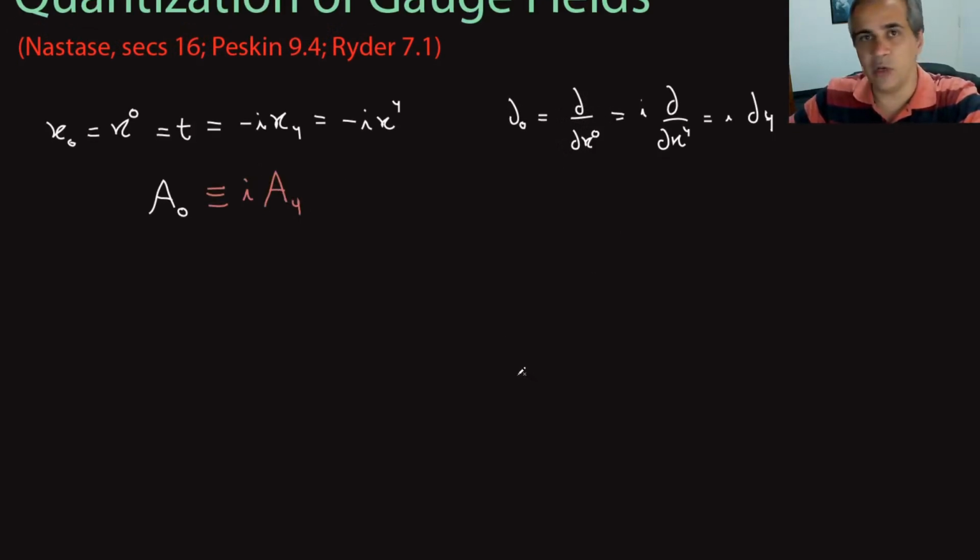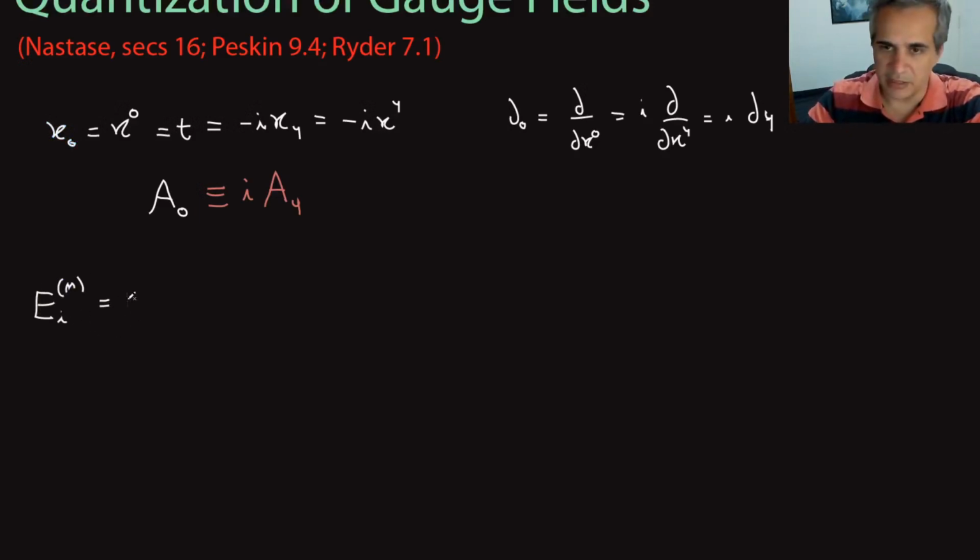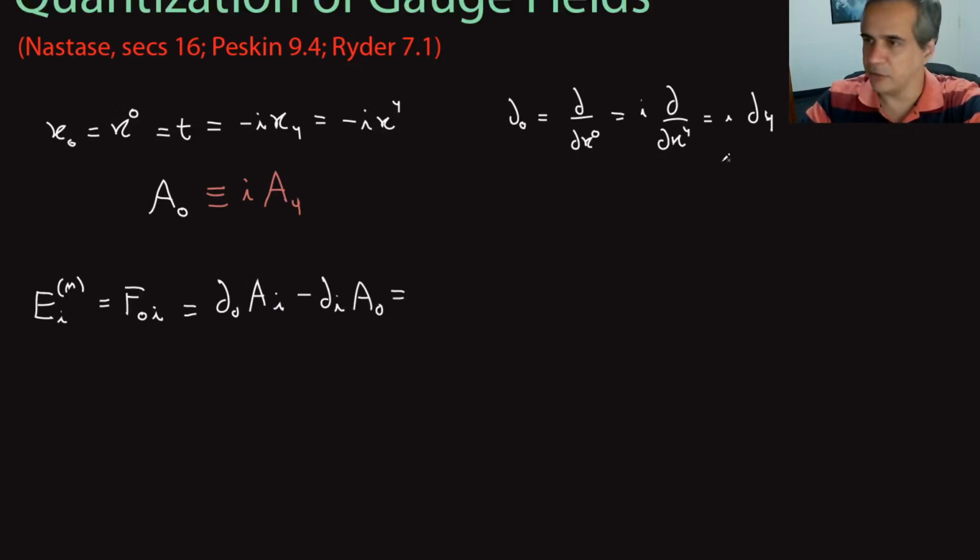Now I can look and see how F mu nu transforms, right? So the electric field in Minkowski, let's use M here to indicate Minkowski, is just this component of F mu nu, right, which is del 0 A i minus del i A0, and I can use these expressions here to rotate it.